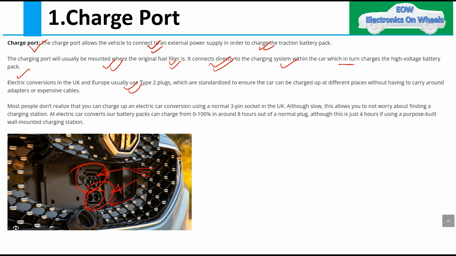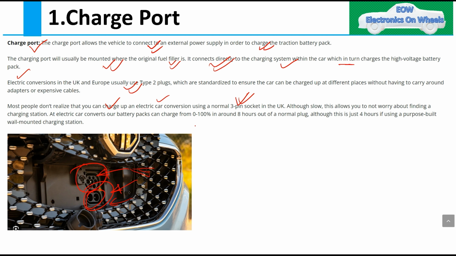There are different technologies on the charging port also, and we will see them in detail when we go one by one. But as of now, you understand what the component is and what its function is. Most people do not realize you can charge your electric car using a normal 3-pin socket in the UK. Although it is slow, it means you do not need to worry about finding a charging station.